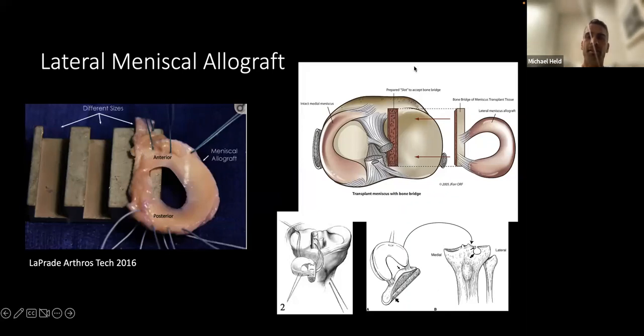And this is how an allograft works on the lateral side, and on the medial side, it's a little bit more tricky because the meniscus roots are so close together on the lateral side to integrate into the bone. And in South Africa, there's really just a few people that are doing it. So Hayden Hobbs has done a few, and then Willem van der Merwe.